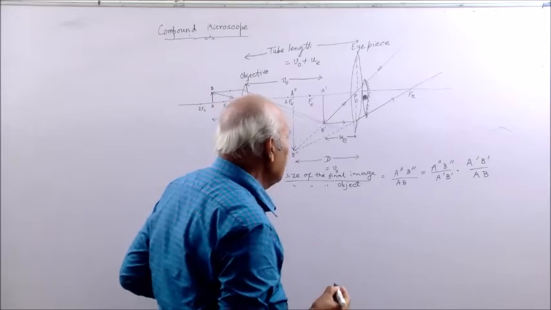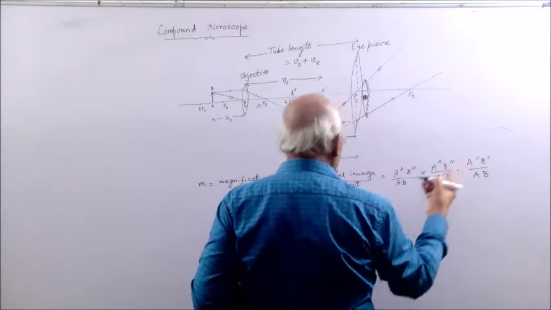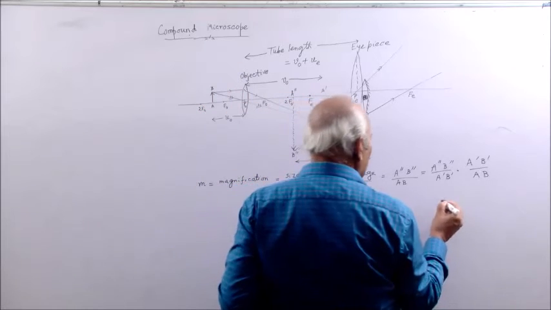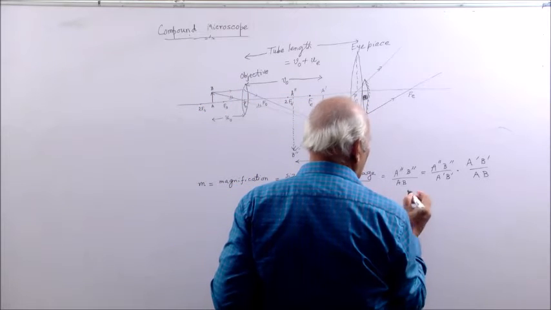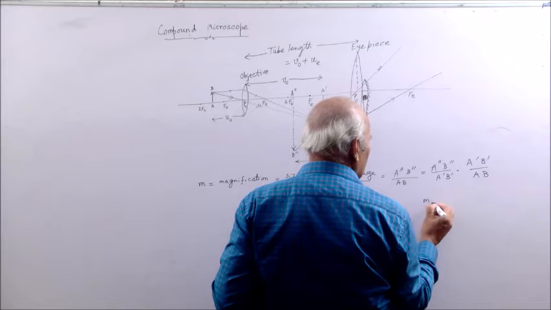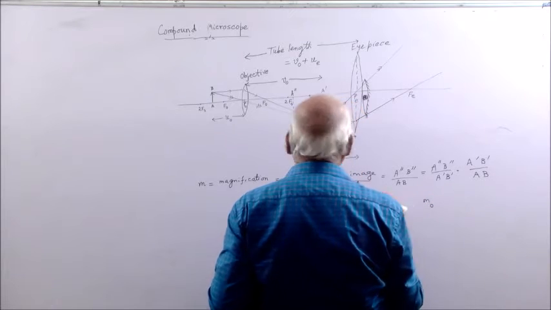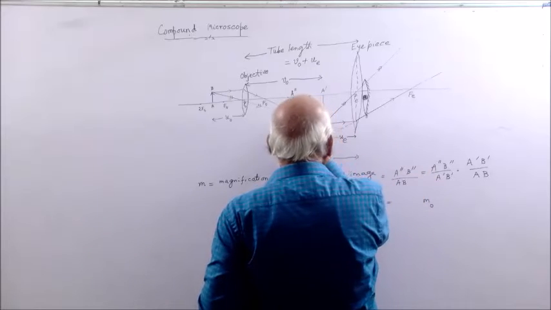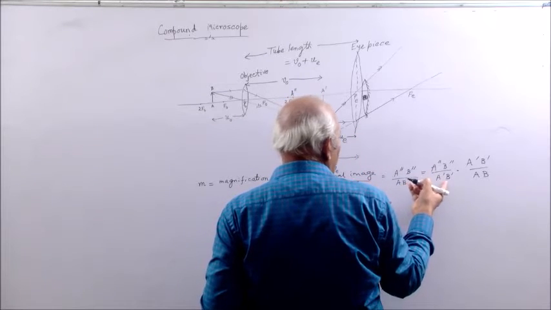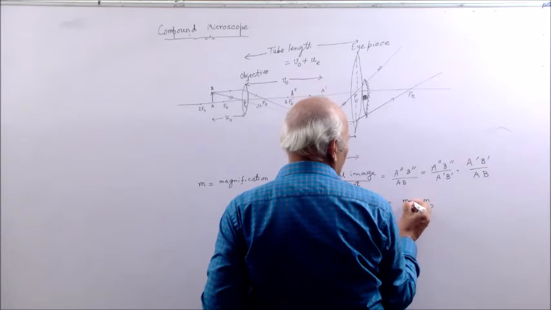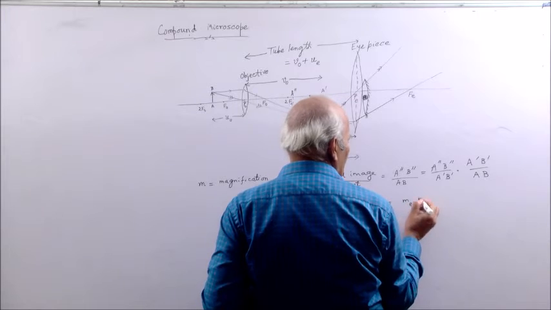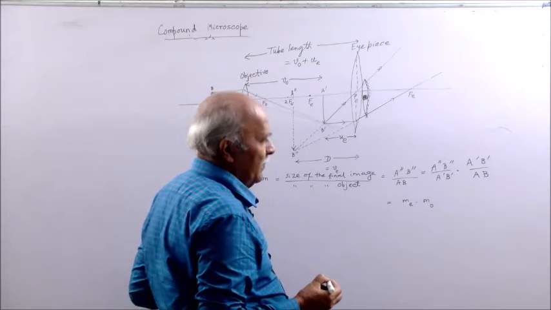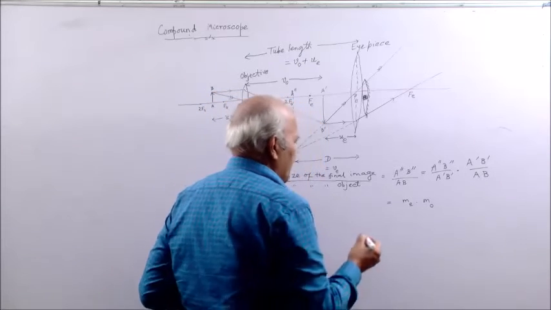So, why have we written like this? Because you see A dash B dash by AB is the magnification by the objective, that is MO, and A double dash B double dash by A dash B dash is your ME. So, ME times MO is equal to M, that is the product of the magnifications.